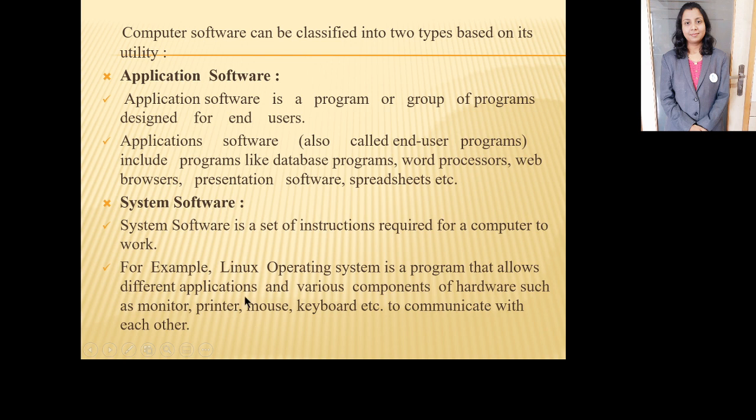So what the example says is that for hardware components, for example a printer, how is it going to communicate with the computer? Through the operating system. Here the operating system, for example Linux is given, you can take Windows also. The printer is communicating with the computer through the Windows operating system, and that software is known as a system software. So this was the classification of the computer software based on its utility.